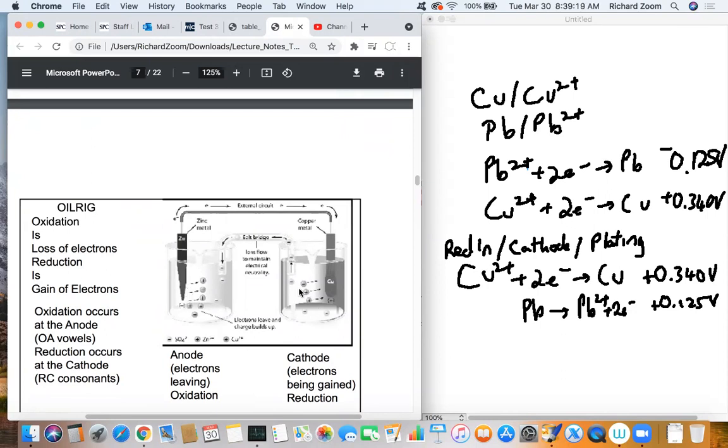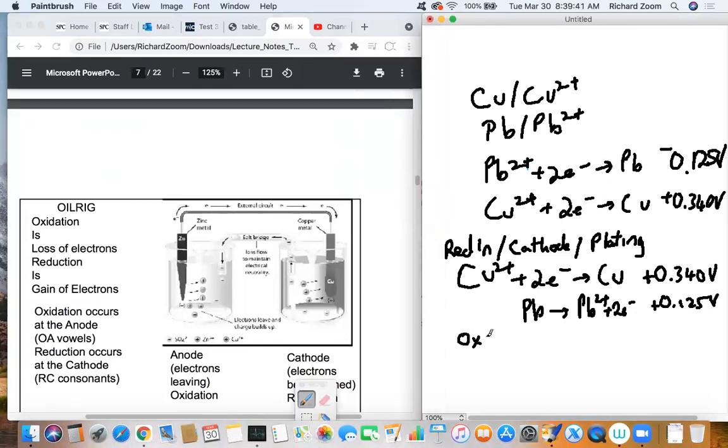And here the copper 2+ is turning into copper. It's actually making that metal thicker. It's actually plating. So we're actually plating that electrode. And that'll always occur on the cathode side where the reduction is occurring. So likewise over here with the lead, you can see the lead is turning into lead 2+. So that's an oxidation.